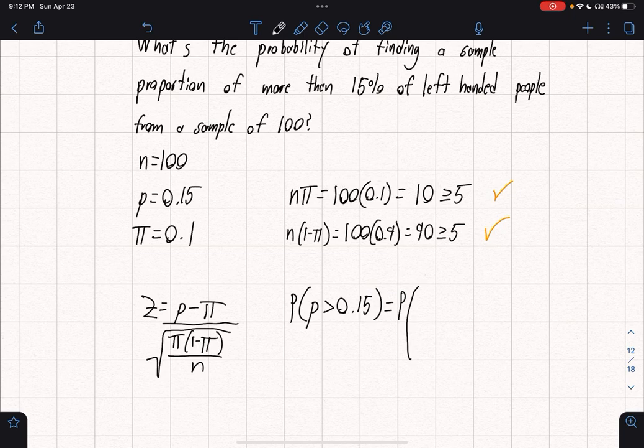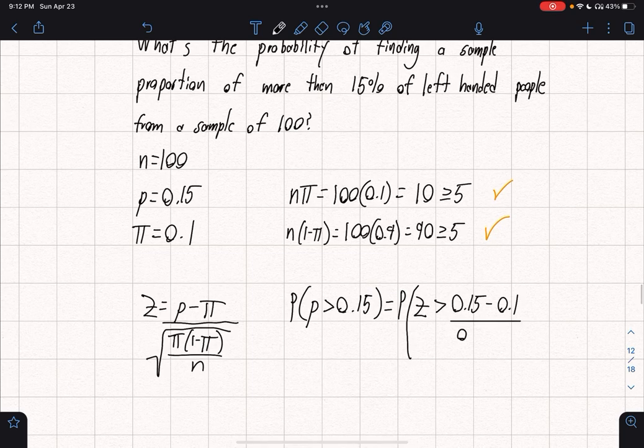That's the probability that z is bigger than P, which is 0.15, minus pi, which is 0.1, divided by the square root of pi, 0.1, times 1 minus pi, 0.9, divided by n.